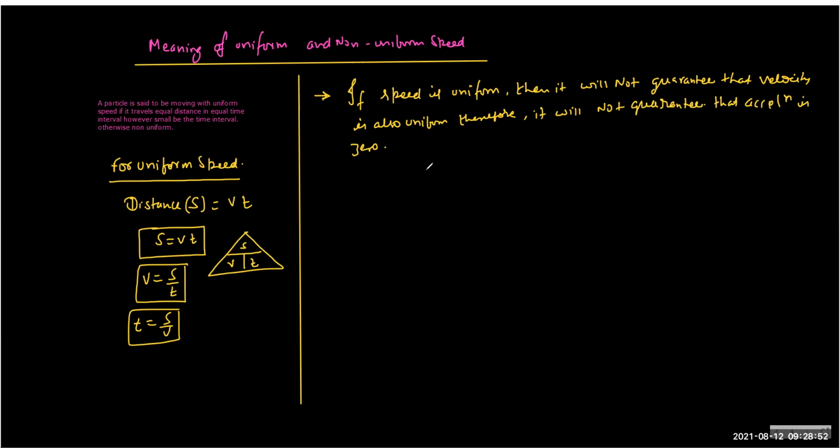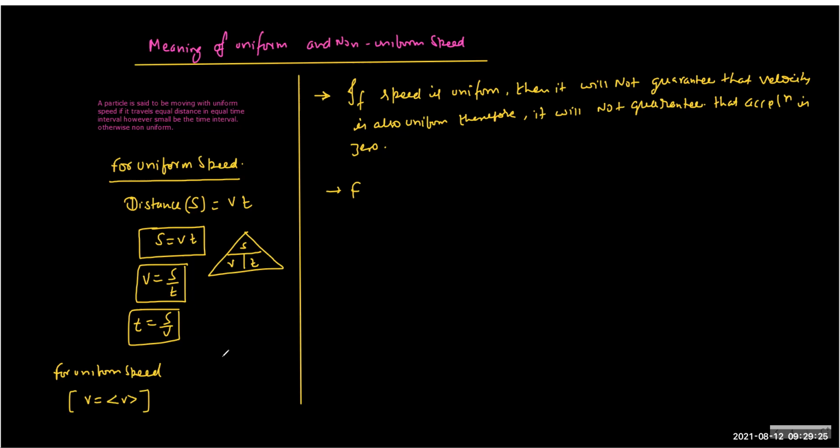Now, for uniform speed, I should have mentioned, the instantaneous speed will be the same as the average speed, which we know already. Now, what happens if it is a rectilinear motion?